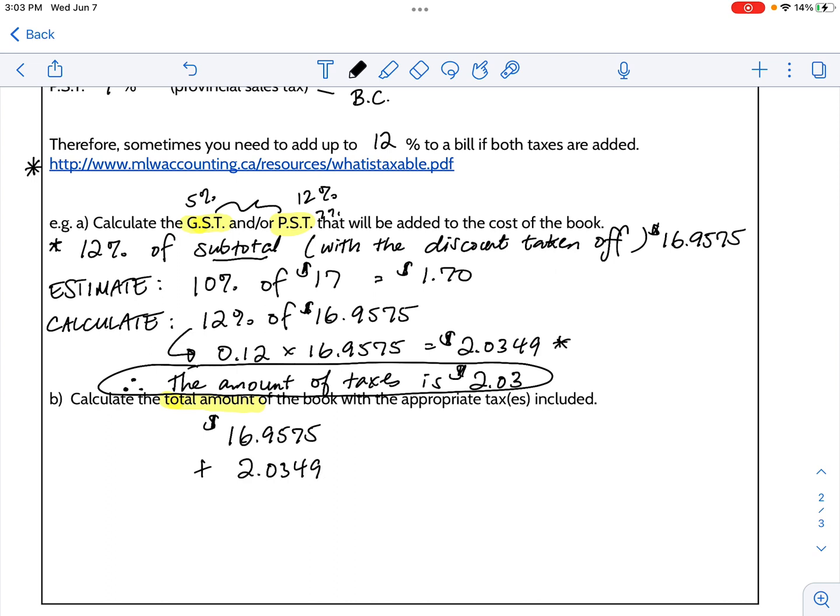Again, I encourage you to do this on your own and pause the video and add these two numbers together. I'm going to continue. 5 and 4, 8 and 4 are 12, 1 and 5 and 6 is 9, 9, 8 and 9. Okay, so our final total rounded to the nearest cent would be $18.99.